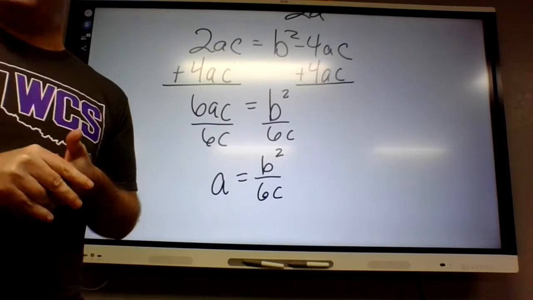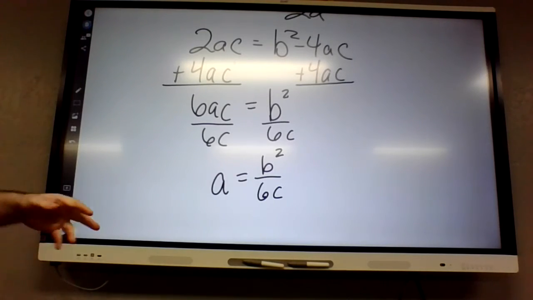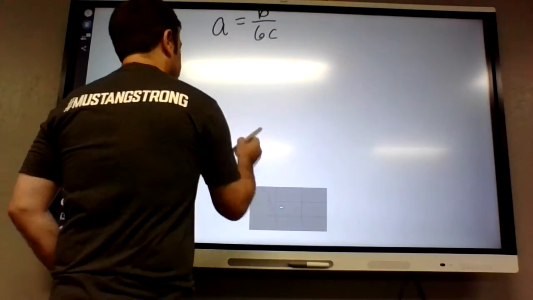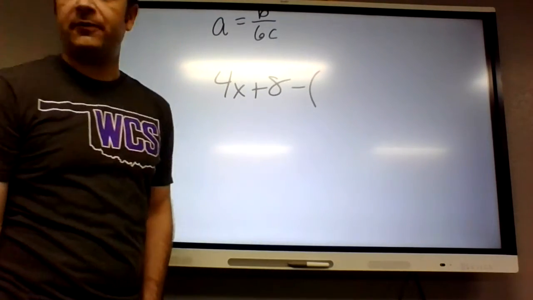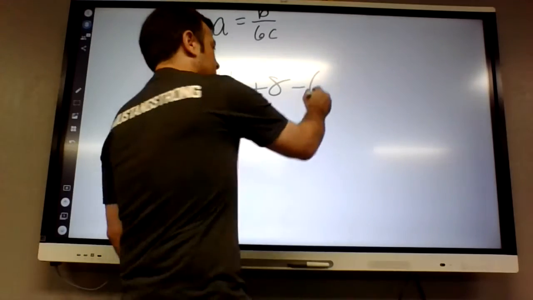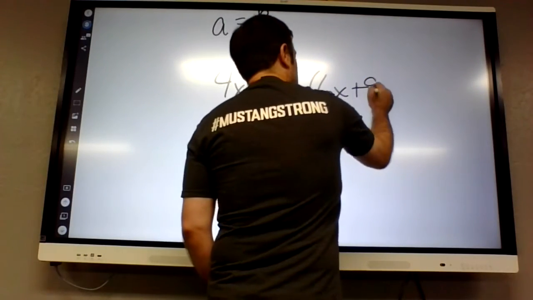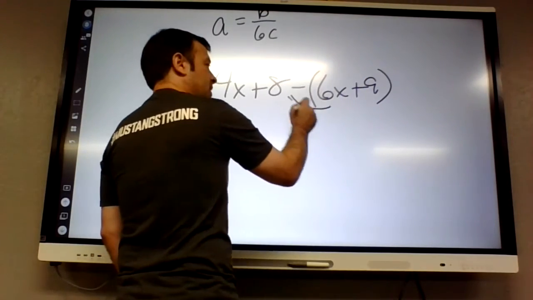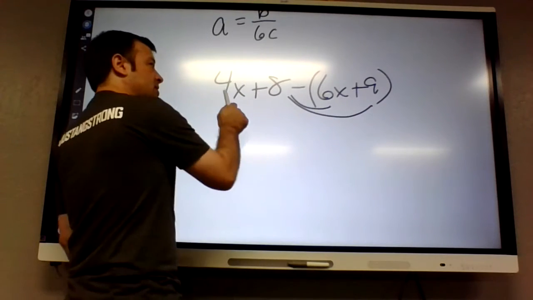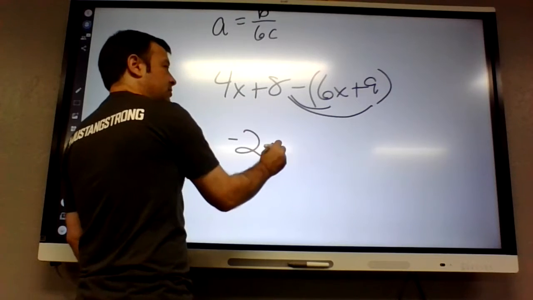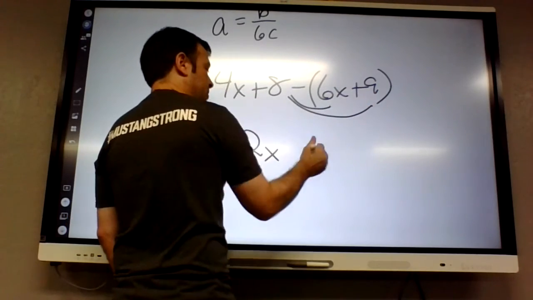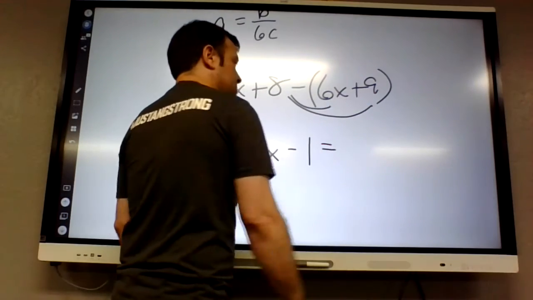So, on the first parentheses, when we distribute, we get 4x plus 8. And then we're supposed to subtract from that 6x plus 9. So that means subtract 6x and subtract 9, both of them. So 4x minus 6x is negative 2x, and 8 minus 9 is minus 1.